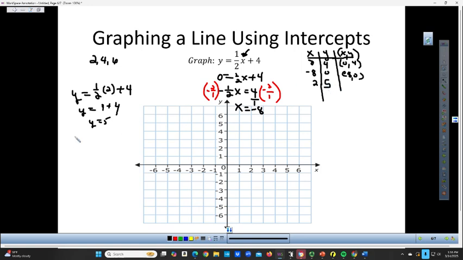And if we went negative, let's just say we said y equals 1/2 times x, and x is negative 2, plus 4. Well, half of negative 2 is just negative 1, plus 4. And therefore y is 3.